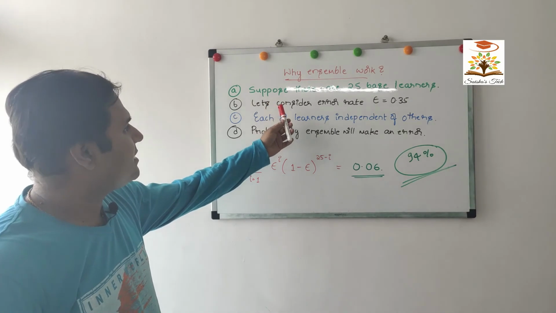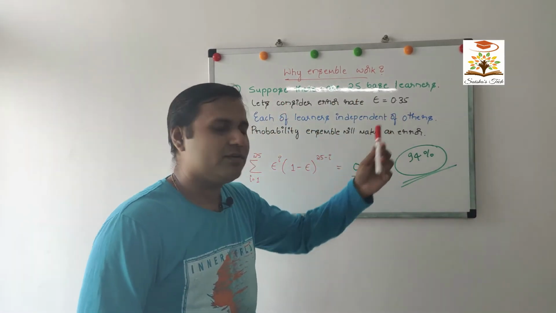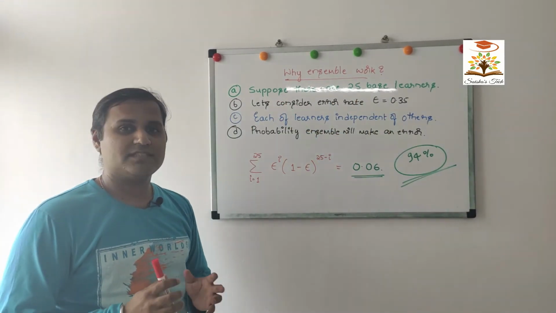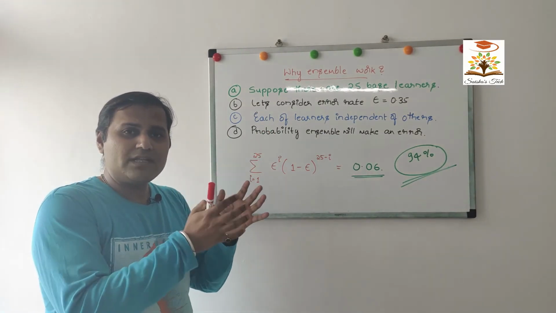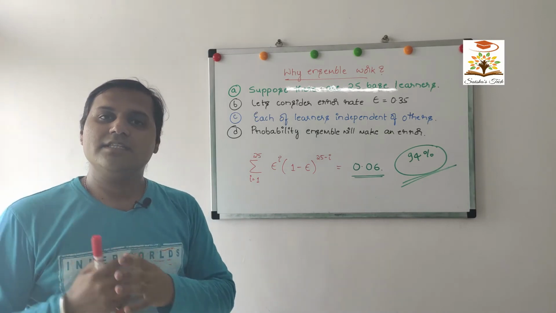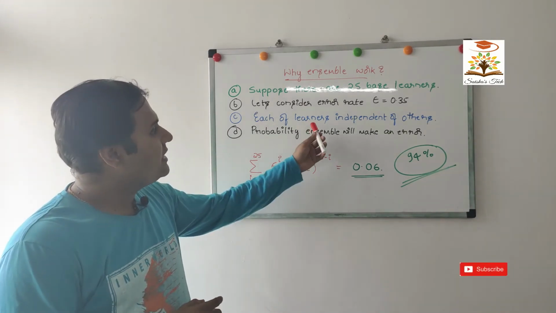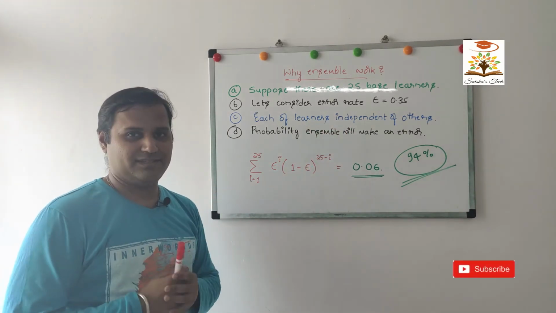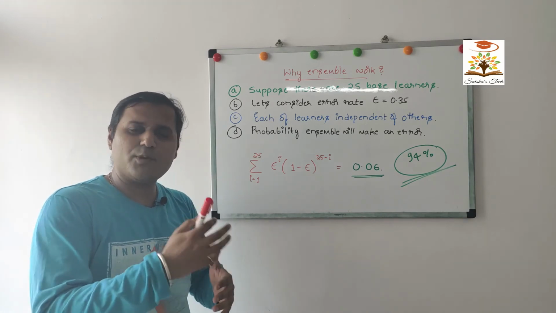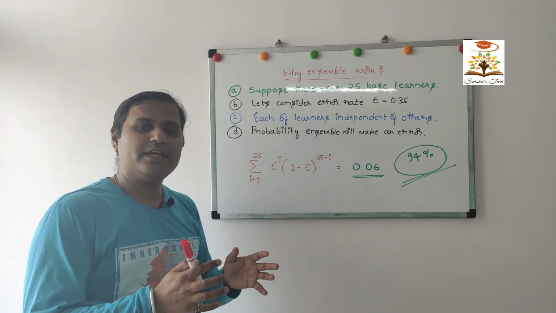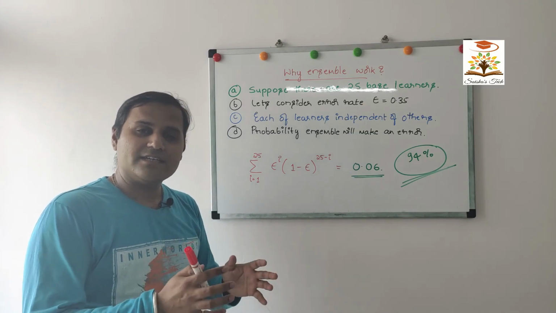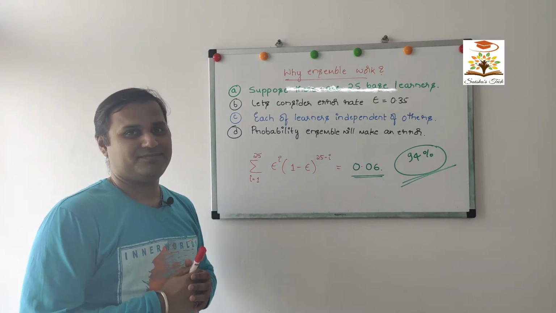For each of these base learners, let us consider an error rate of 35%. Now, the models M1, M2 till M25 all are independent of each other. With these properties, let us calculate the probability for error of ensemble learner.